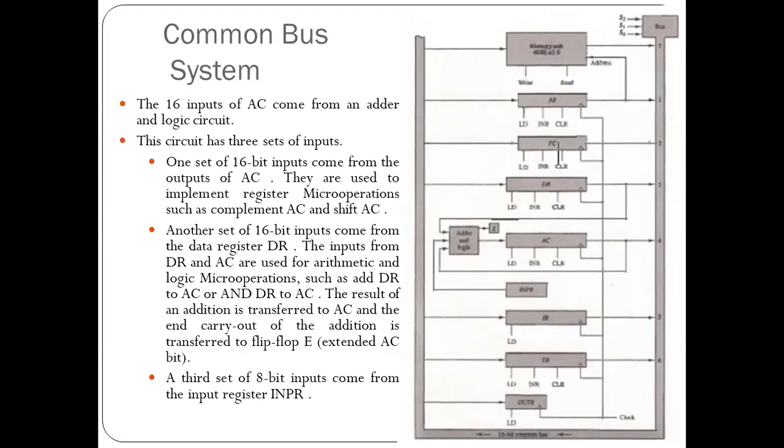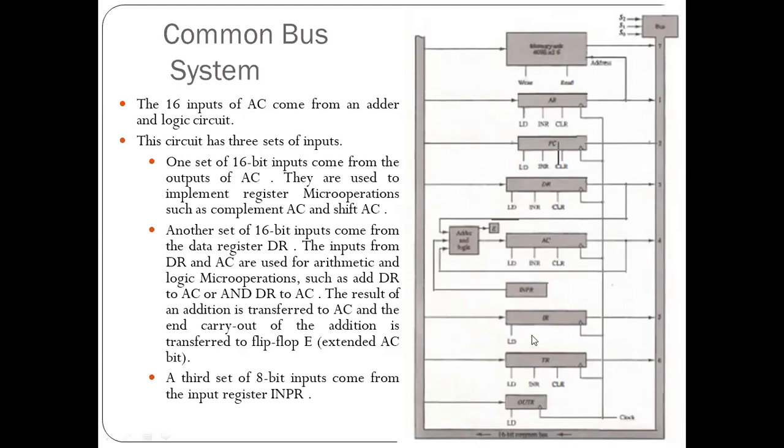So let us define these 3 control inputs. To summarize, the 16 inputs of the accumulator come from the add and logic circuit, which performs the operation on DR and AC, and the result is loaded onto AC.